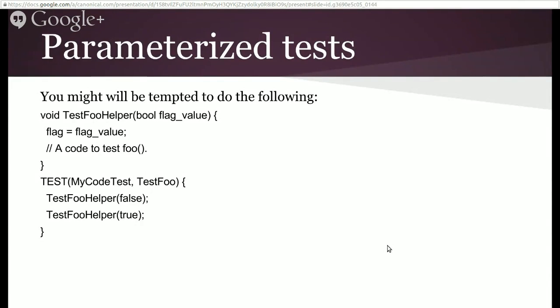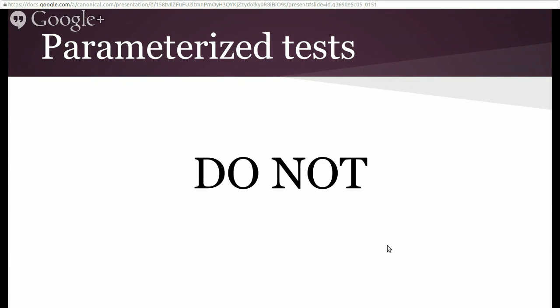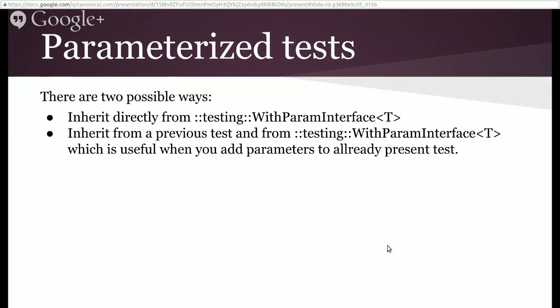If you do that, what you're going to have is, when you do the expectation, you're going to lose a lot of data, and information about what failed. But there's a way to do this in Google Tests. And a correct way to do this, that's a big do not do previous one, is to inherit through a pure template class being with param interface.